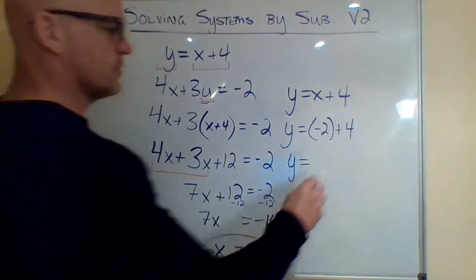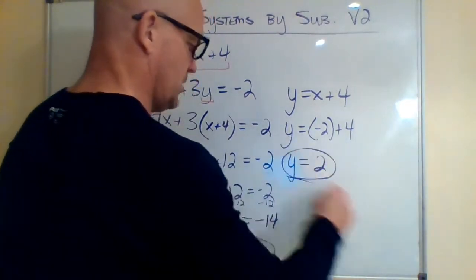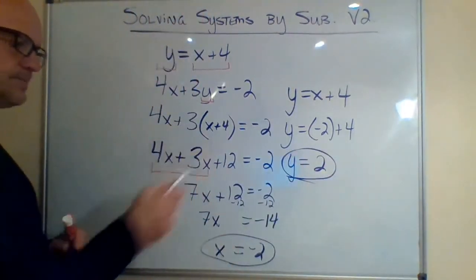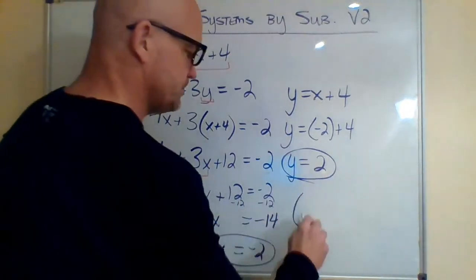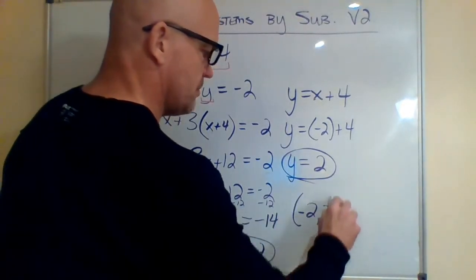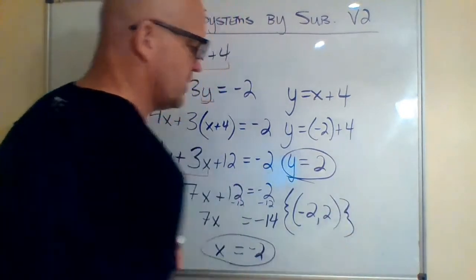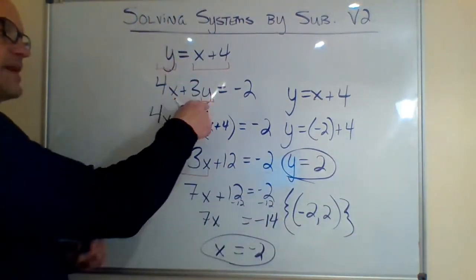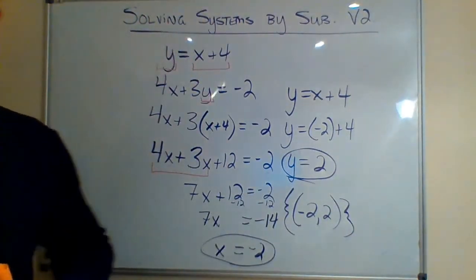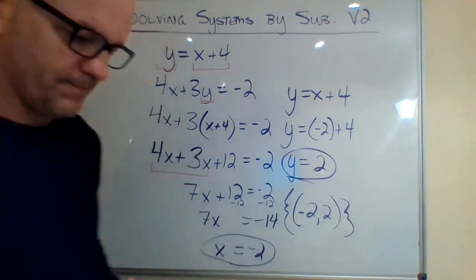Negative 2 plus 4, that's just 2. So with an x value of negative 2, y value of positive 2, that's my coordinate. That's the solution to this system. We can verify that by putting that in for x and y here. Make sure it works. And if it does, we're good to go.